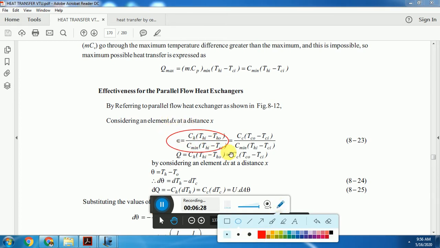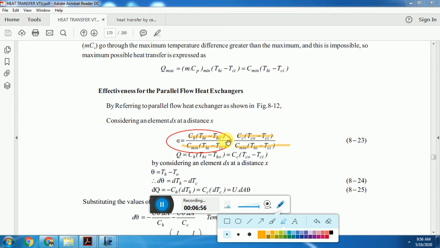Effectiveness is equal to, this is the actual heat transfer, that is Ch into Thi minus Th naught or Cc into Tc naught minus Tci, divided by the maximum heat transfer, that is Cmin into Thi minus Tci.